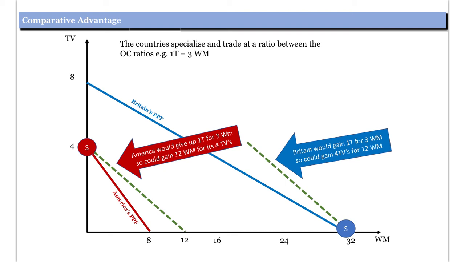Doesn't matter what you call it. Okay, so with trade, the consumption possibility is beyond the production possibility in both countries, and therefore there are more goods and services being able to be consumed, and that is economic growth. That is an increase in living standards.